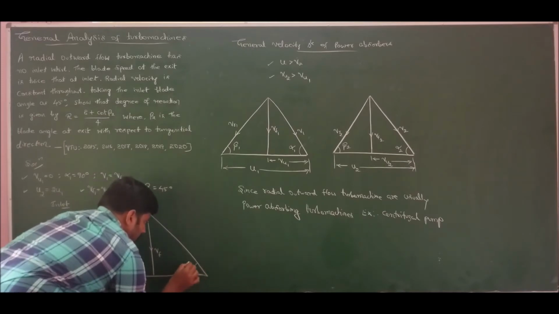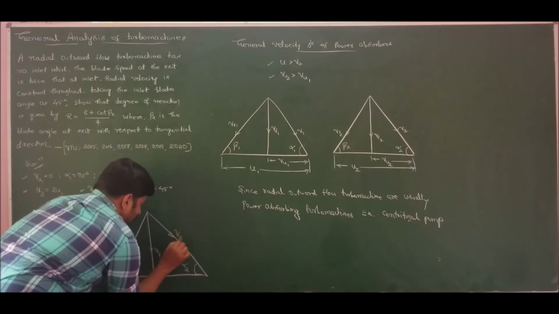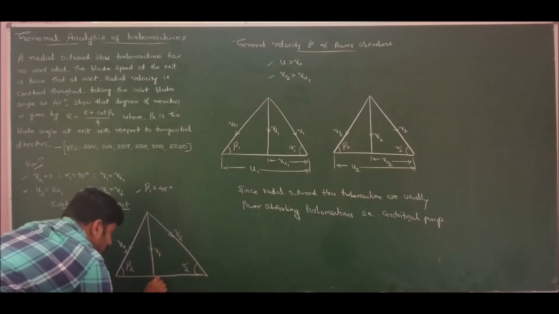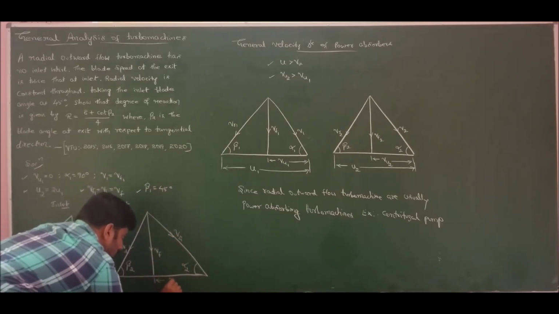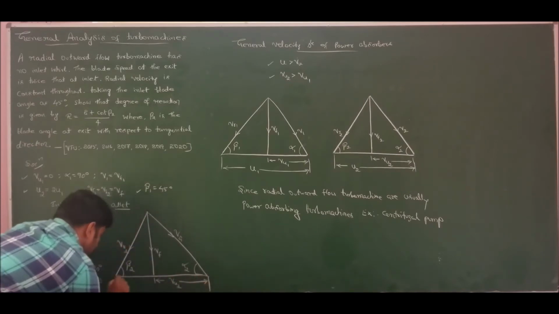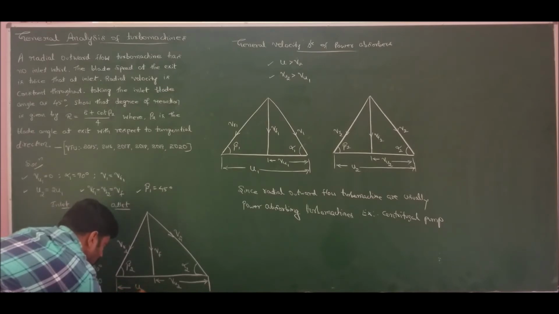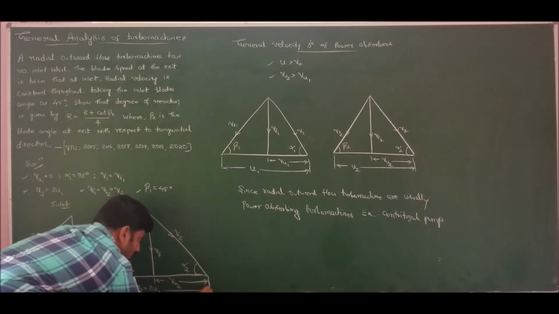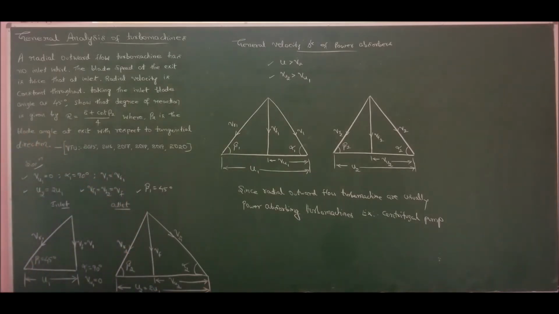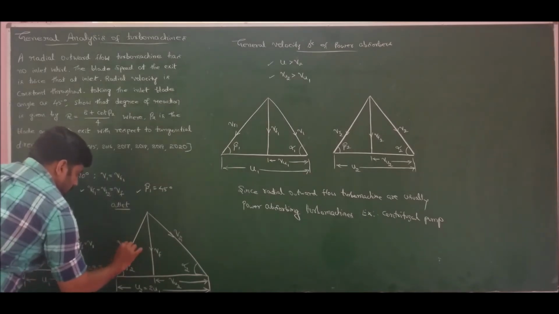Here I will get alpha 2 and V2. So flow to absolute is whirl Vu2, and I have drawn U2 is equal to 2 times U1. So this completes the required velocity triangle for the question that has been asked.